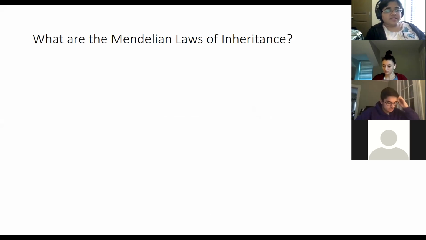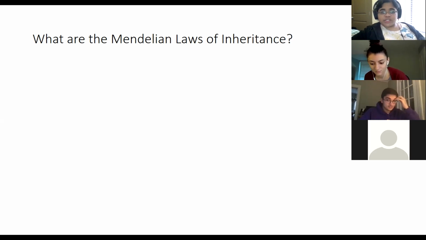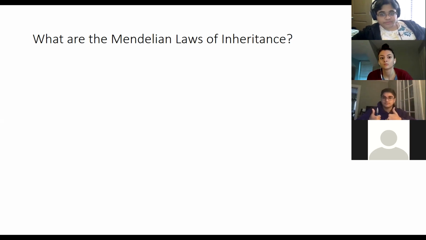Yes, it's also called laws too, but yeah. The first one was unit factors exist in pairs. Do you want me to keep going? You can if you want. All right, the second one is dominance and recessiveness. Yep. The third one is segregation.